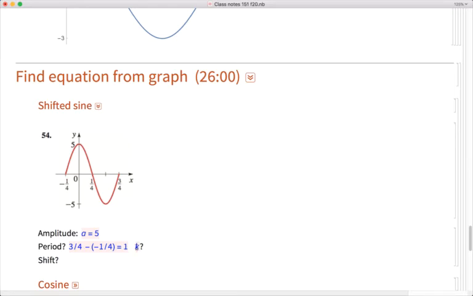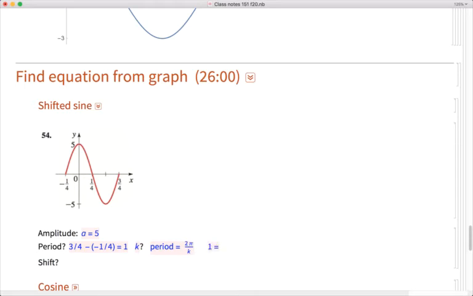To get the k, what you have to remember is that the period is equal to 2 pi over k. We just figured out that the period was 1.